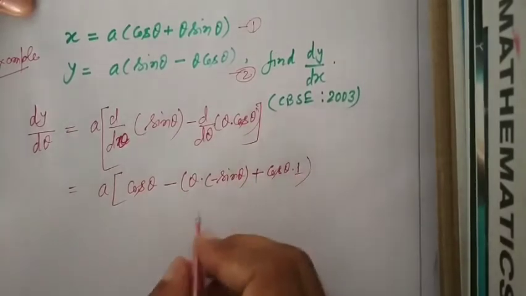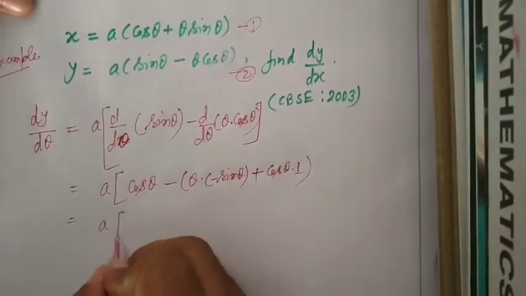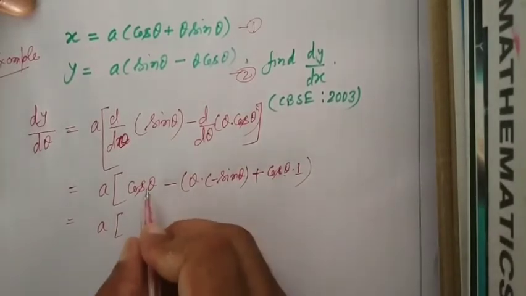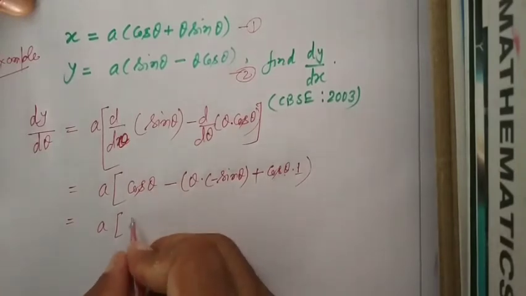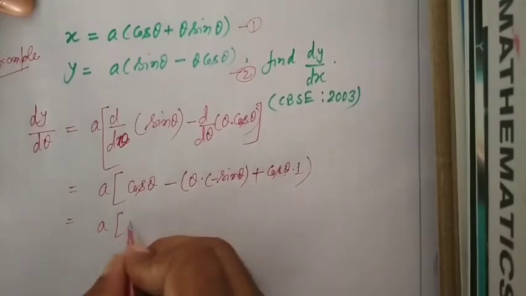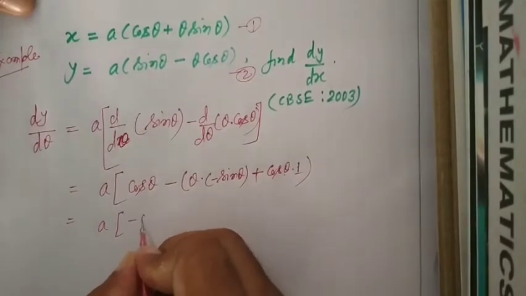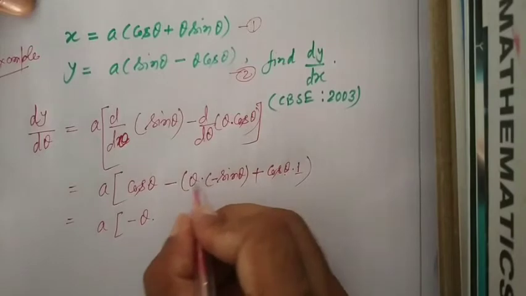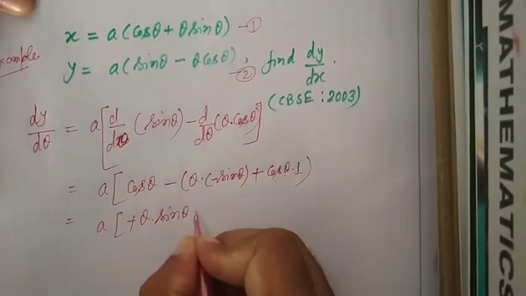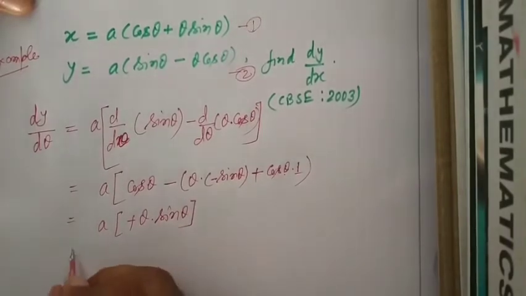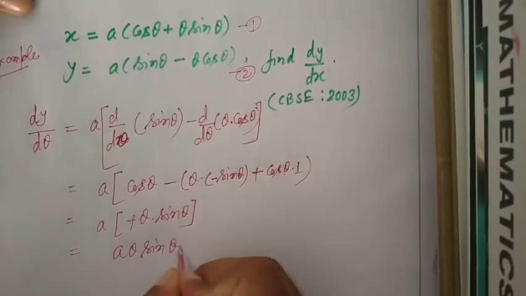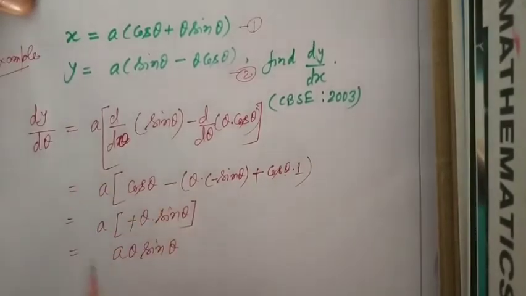So finally it is a times the bracket: when you open it, you get cos theta minus, and that cos theta cancels with this cos theta. Ultimately we are left with minus times minus theta sine theta, which becomes plus theta sine theta. So we have got a theta sine theta as the derivative of y with respect to theta.